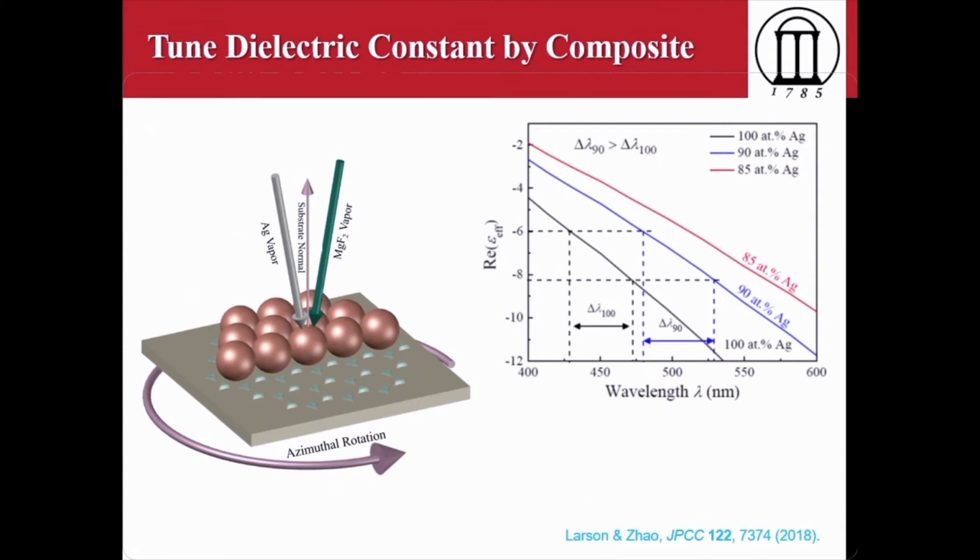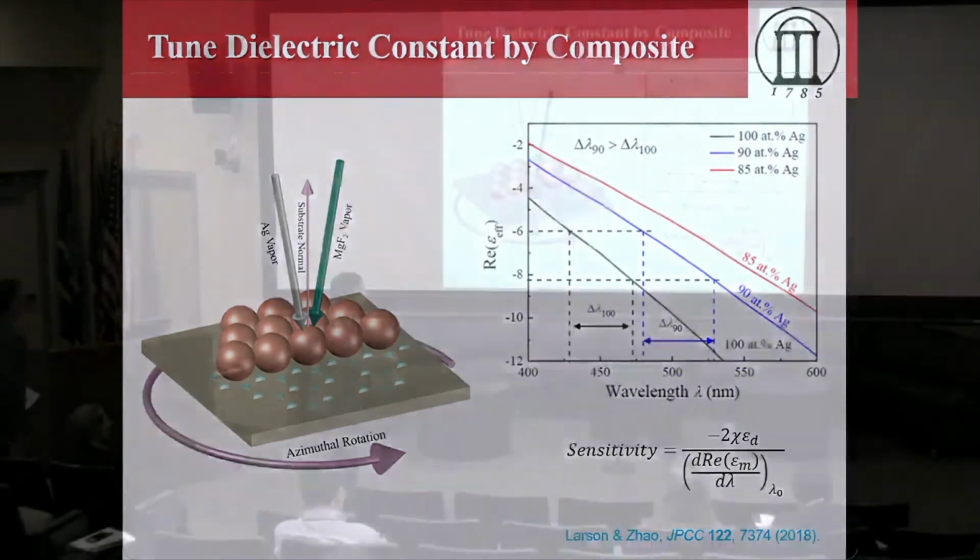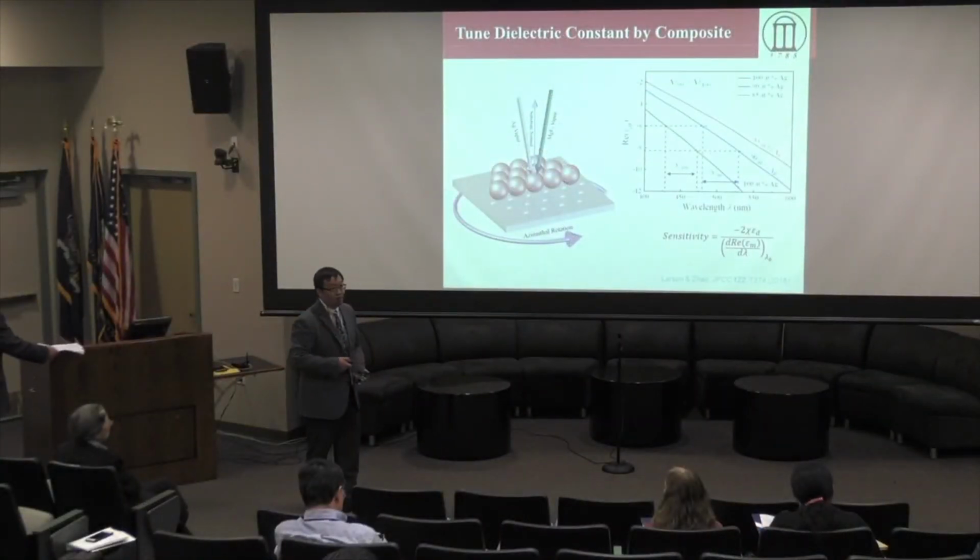Now we know that LSPR material can be used as a sensor, and its sensitivity is tuned by the real part of its index of refraction, or the dielectric constant. If the dielectric constant slope becomes smaller and smaller, the sensitivity can become better and better, because this is in the denominator over here.